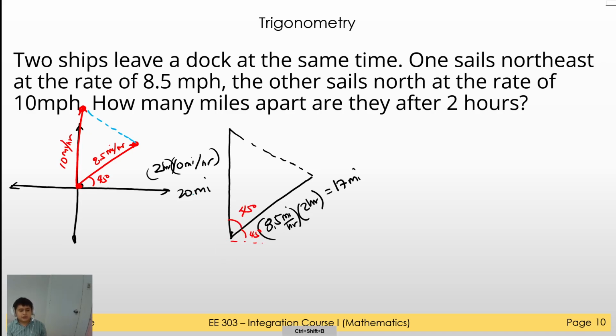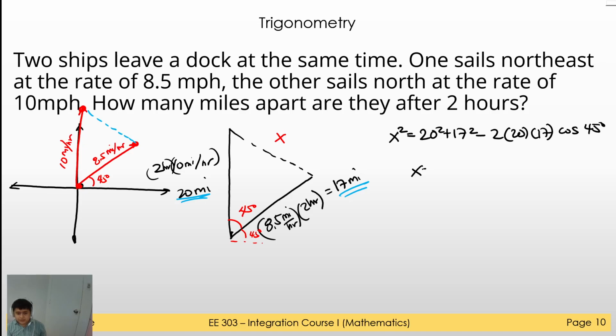So we have two given sides and an angle in between. Therefore, we should use the cosine law to find the opposite side. Let's call this x. So x squared is equal to 20 squared plus 17 squared minus 2 times 20 times 17 times cosine 45.